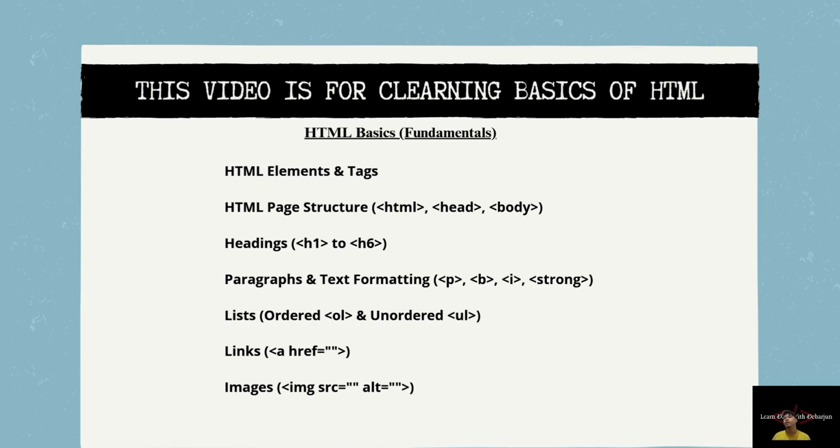Then we are going to learn HTML page structure. After that we are going to learn about HTML headings, paragraphs and text formatting, lists, then links, and after that images. There are many more things we need to learn, but for now we are going to learn this. So let's start.